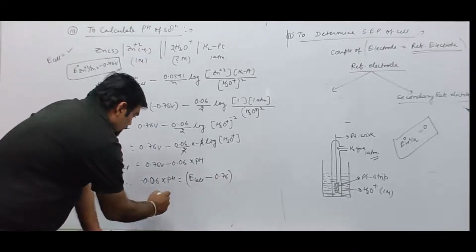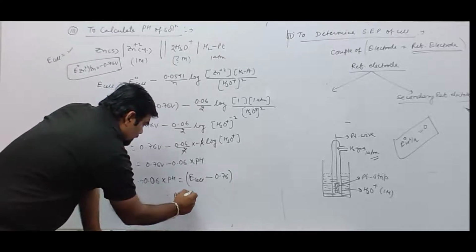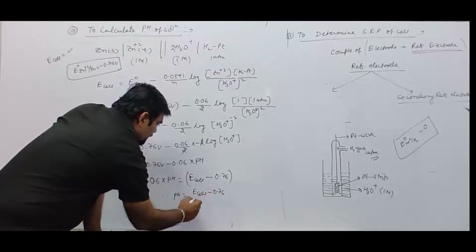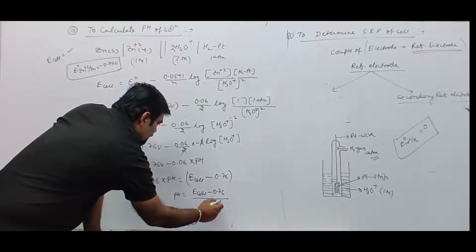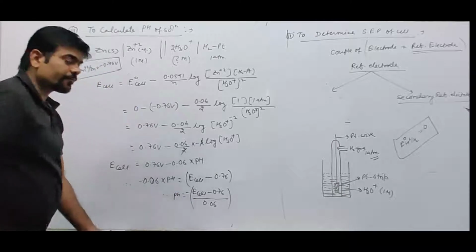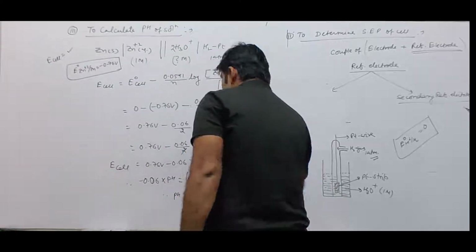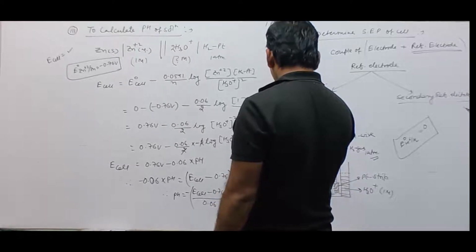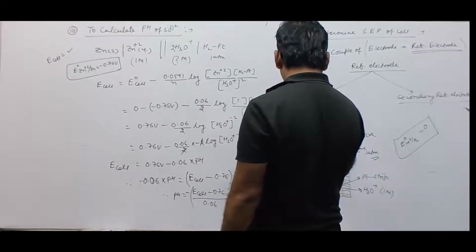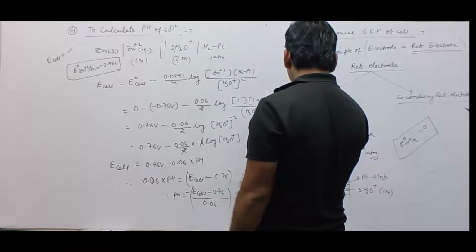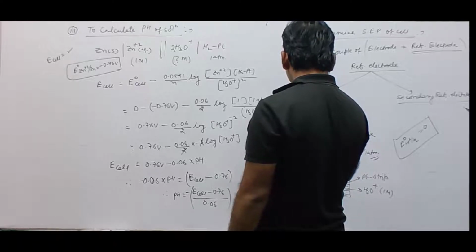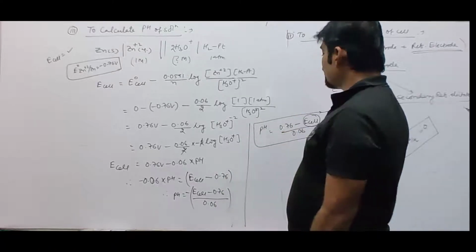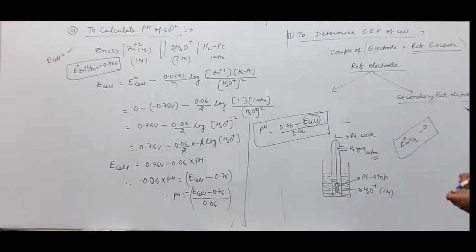Therefore, pH can be calculated as EMF of cell minus 0.76 divided by minus 0.06. So in this case we have calculated pH: pH is equal to 0.76 minus EMF of cell divided by 0.06. With this equation, by knowing the value of EMF of cell, we can calculate the pH of solution.